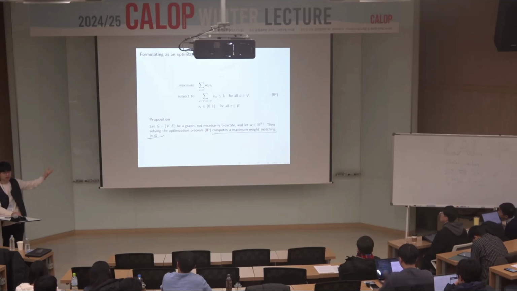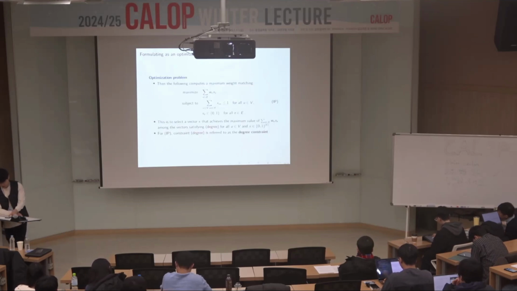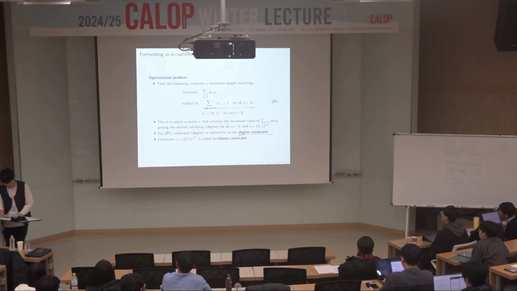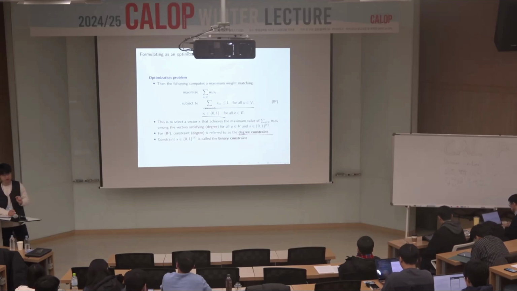And among them, you are finding the one maximizing the weight sum. Let me go back to the previous slide. I said that this thing is called the degree constraint. And the condition that each variable takes a 0, 1 value is called the binary constraint. Binary means 0 and 1.